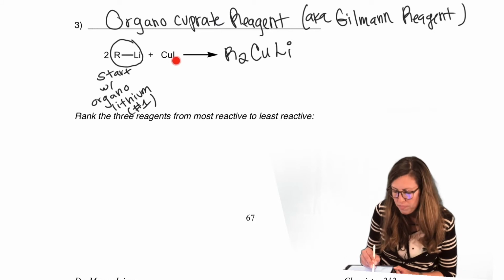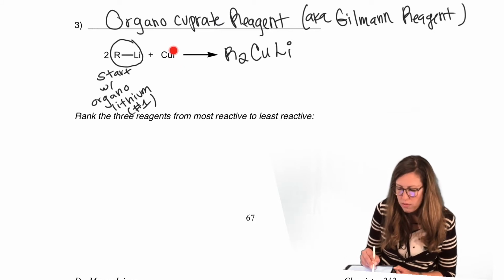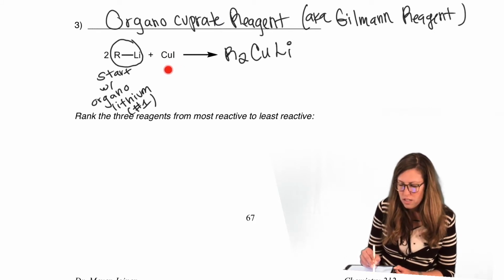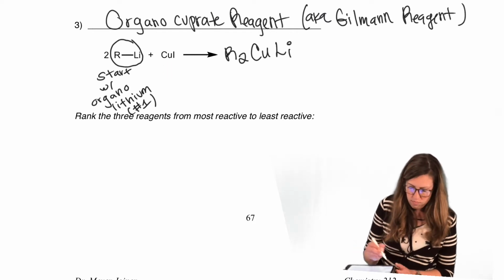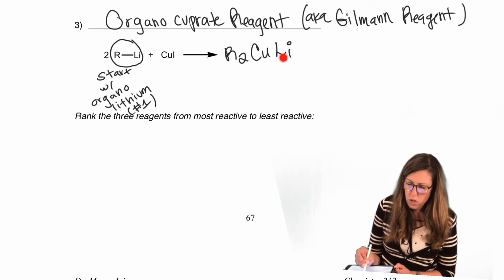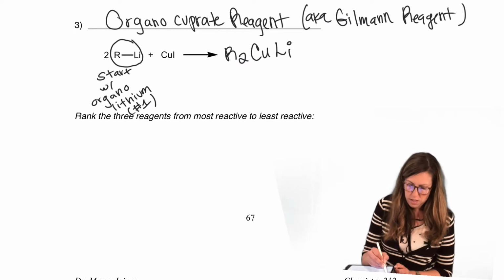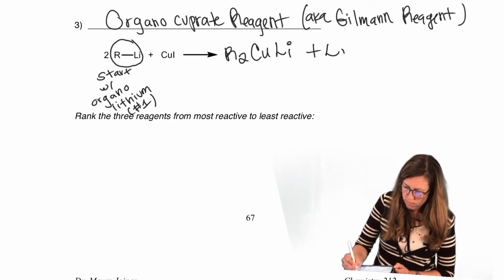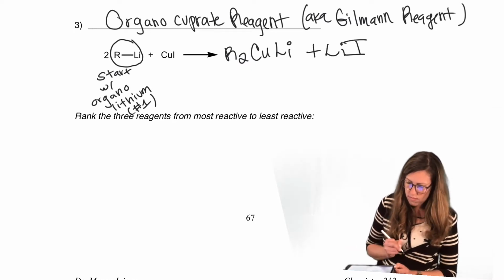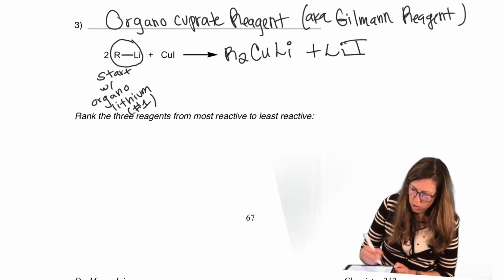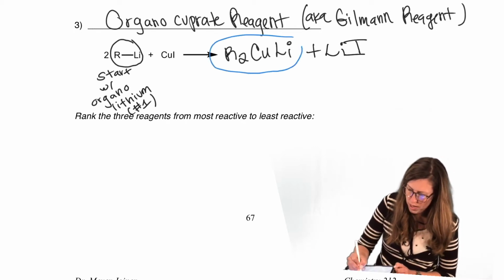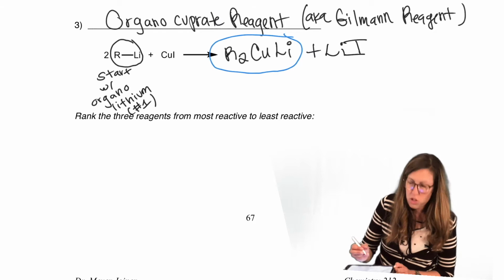So what happened to the iodide? It went off with, what do you think? Well, we had 2 lithium and only 1 is represented here, so it went off with the other lithium. I'm going to circle the important piece. That's our byproduct over there, the lithium iodide. I'm not going to draw that again, probably.